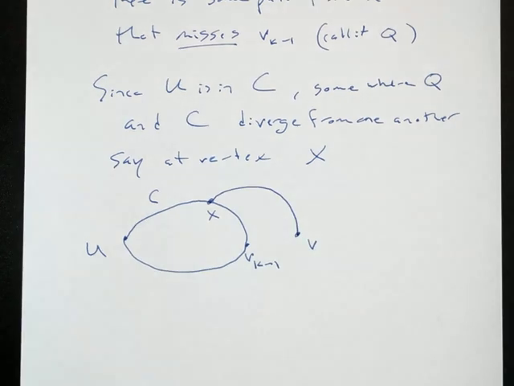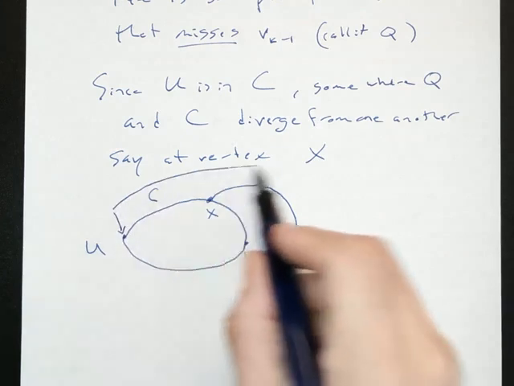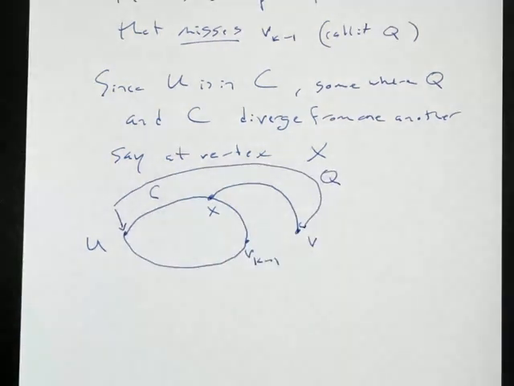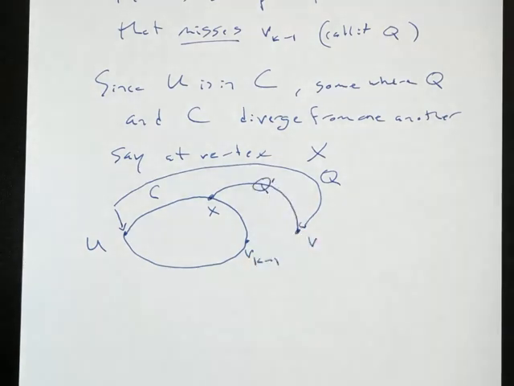See how it avoids Vk minus 1? So this upper part of the cycle and this extra curve, that's Q. Let's call the piece of it from X to V, let's call this part Q prime.